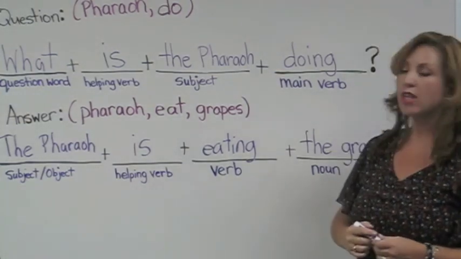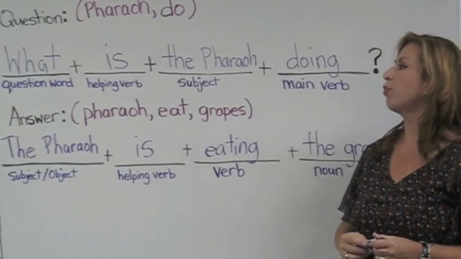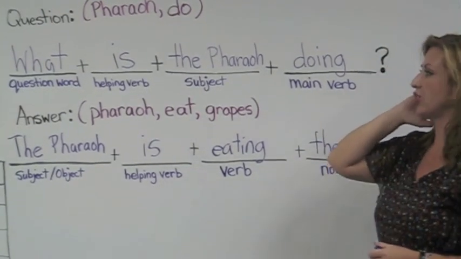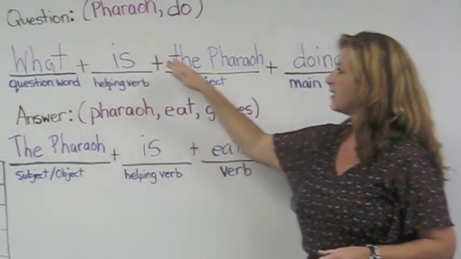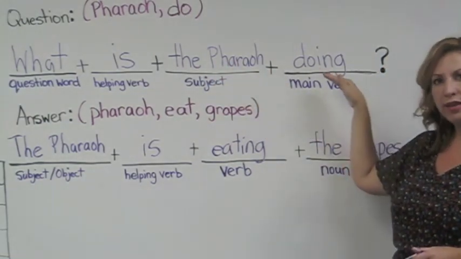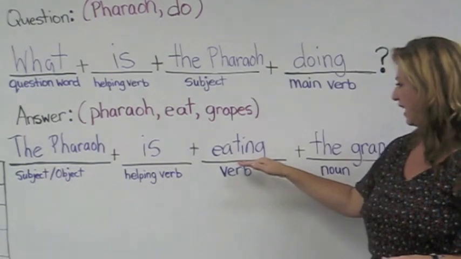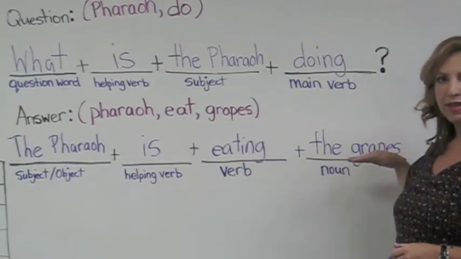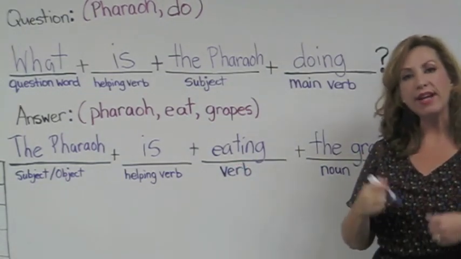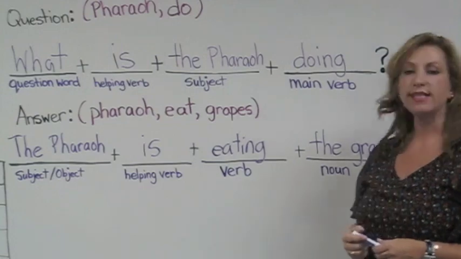Again, let's go back to our question and practice asking the question. What is the pharaoh doing? The pharaoh is eating the grapes. We're going to say it together.